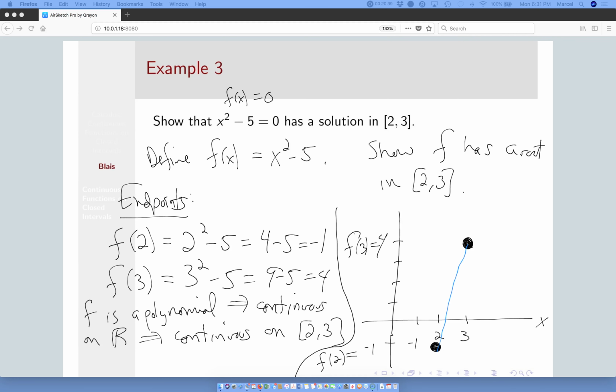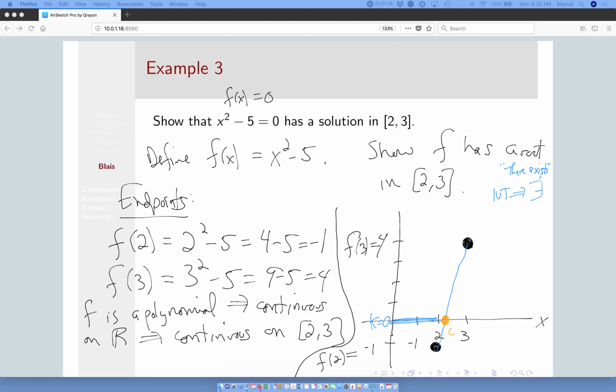So there has to be a c where this value, this is the k equals 0 case. So we can pick any value between -1 and 4. We pick 0. By the intermediate value theorem, there has to be a point c where that 0 function value is attained. So the intermediate value theorem implies that, more terminology, backwards capital E means there exists.